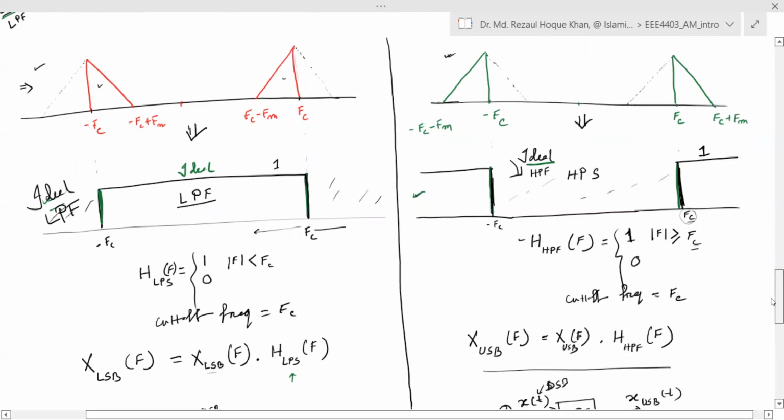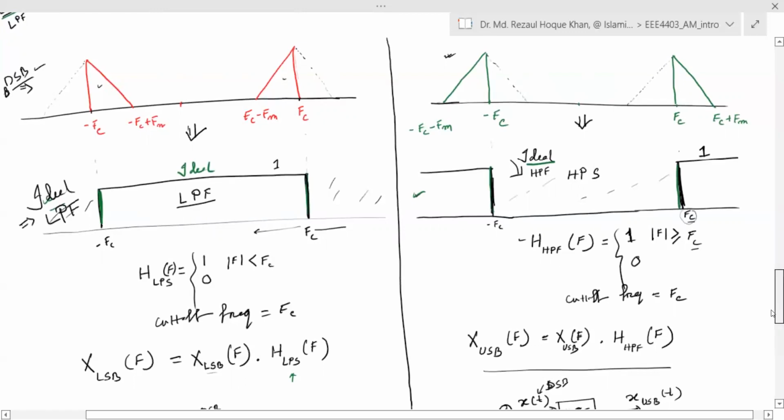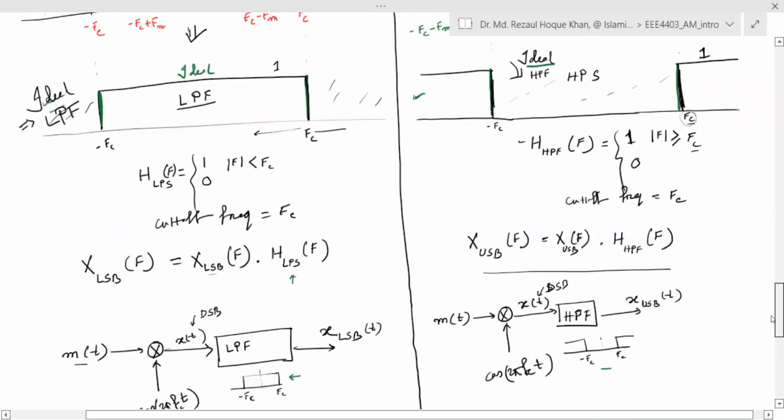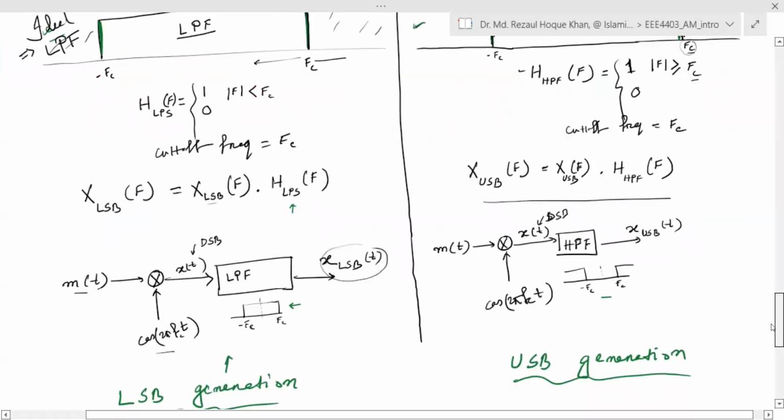So what we said earlier, imagine this is our example. This is a DSB signal, double sideband signal, where we have both sidebands. Now, if we pass it through a low pass filter, you will have one of the sidebands, this one. That's what I'm trying to say.